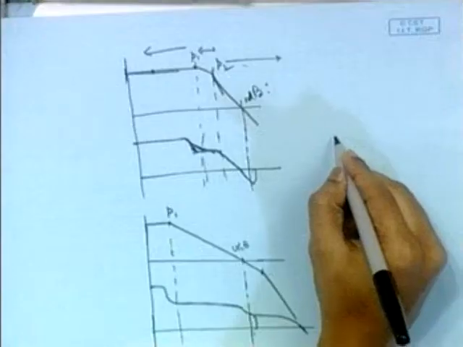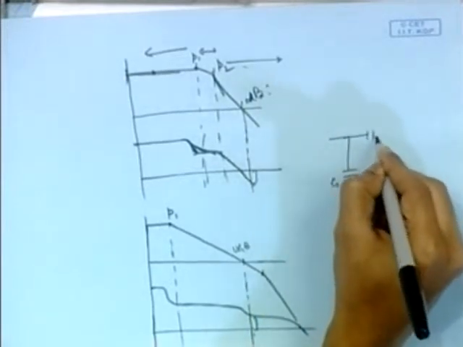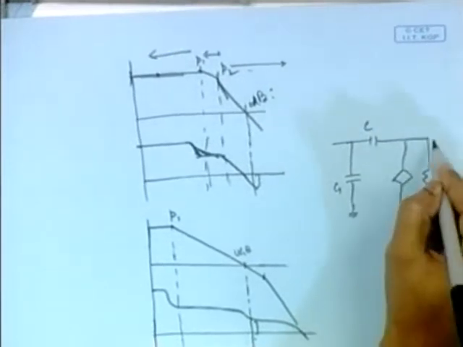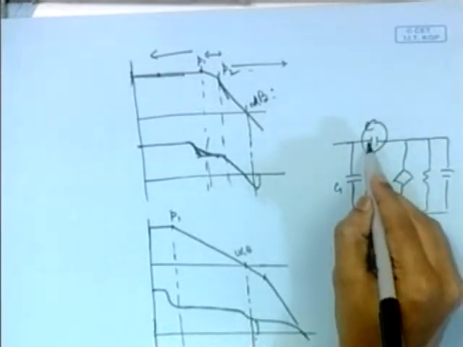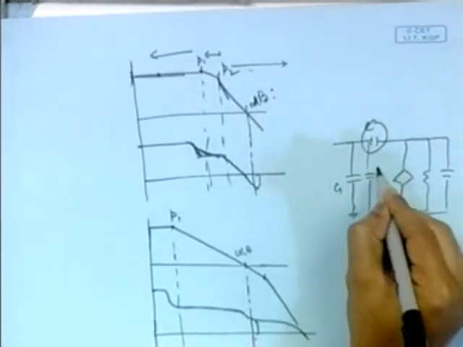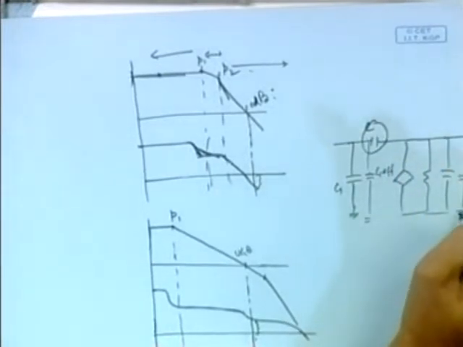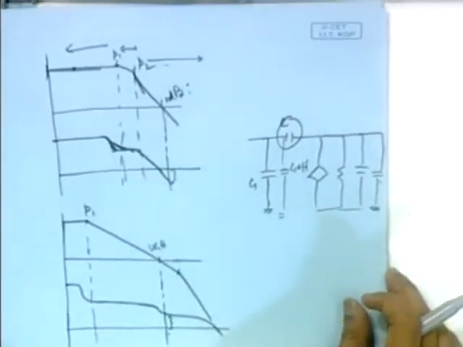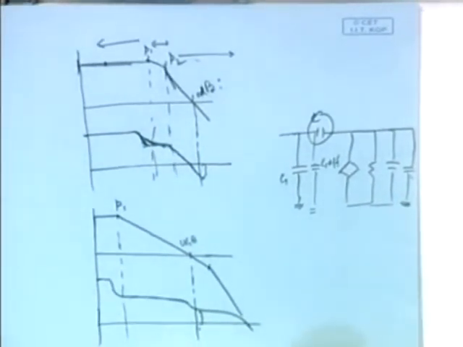So Cc is basically connected between this node and that node, and this C can be effectively divided into two parts, that is C1 effective and C2 effective, applying Miller's theorem.